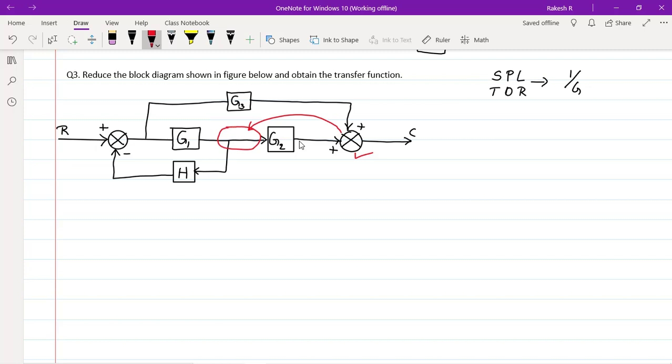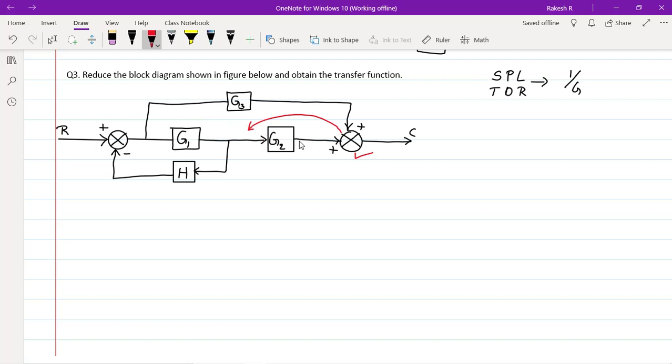What happens when there is a summing point and a takeoff point together? It is difficult for us to replace these 2, and our problem becomes more complicated. So this also cannot be done, and this cannot be considered now.